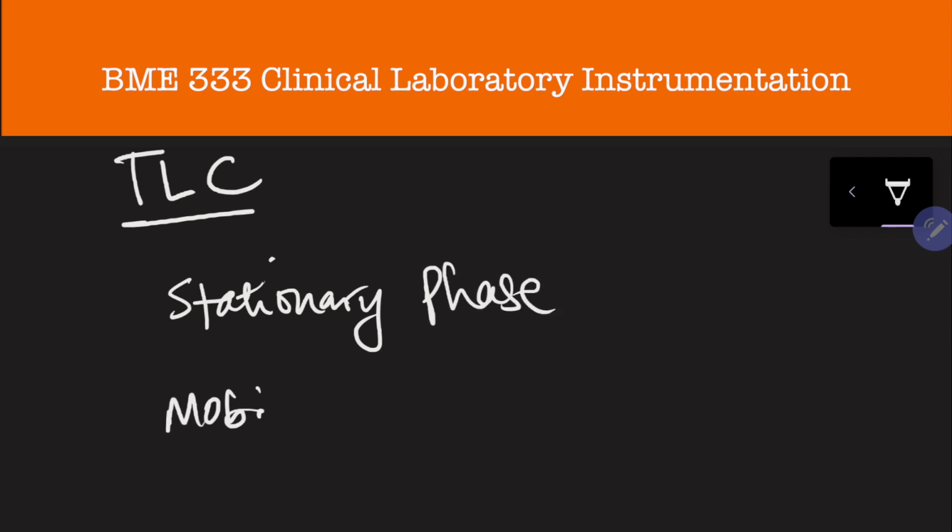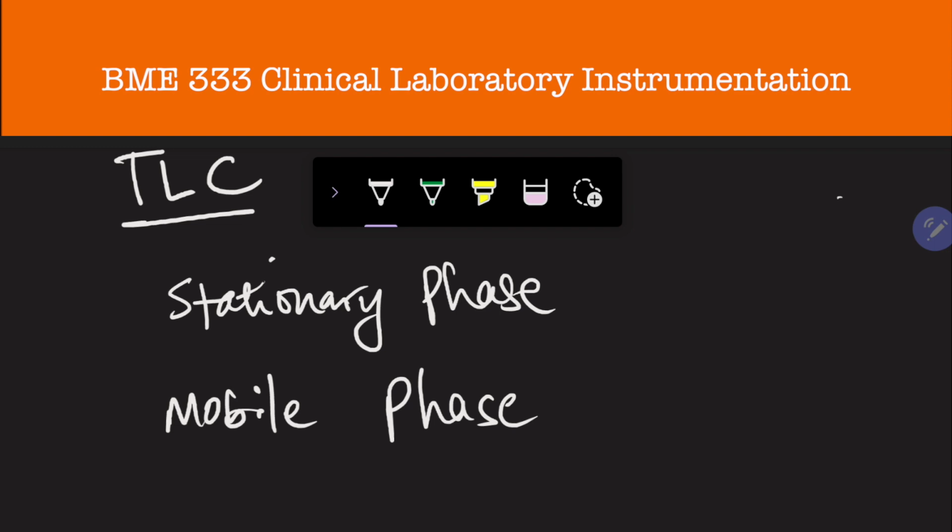The stationary phase is the material, it's stationary, it's not moving, it's just right there. And then there's a mobile phase that passes through this stationary phase. The mobile phase can contain our sample, or our sample could be placed such that the mobile phase goes through it and then carries it along.